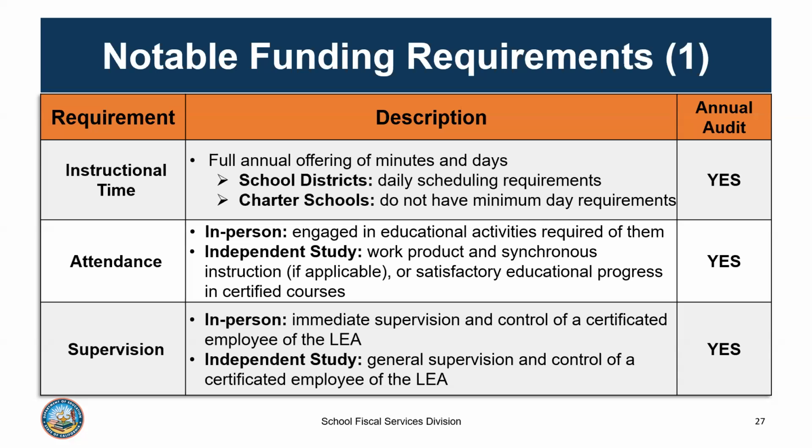Charter schools do not have minimum day requirements. As mentioned earlier, attendance for apportionment is either generated in person or through an independent study program. For independent study, the attendance is based on work product and synchronous instruction, if applicable, or satisfactory educational progress in certified courses. For in-person instruction, the student must be engaged in educational activities required of them.